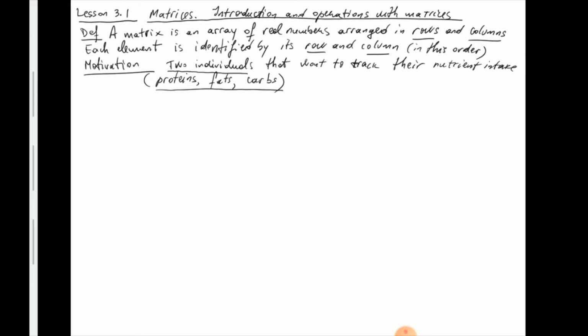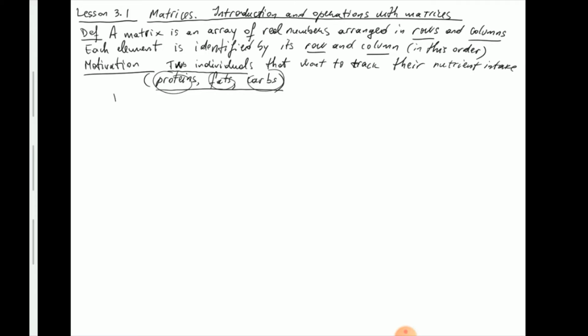Because how would you arrange this information in a natural format or efficient format, if you want? It leads to essentially a table of values, because you have these two characteristics, right? So you have the different individuals, and you can arrange them by rows, and then the characteristics, in this case, the nutrients, proteins, fat, and carbs, arranged by columns, for example.